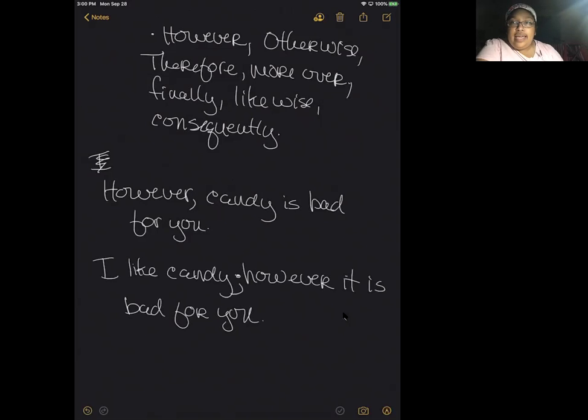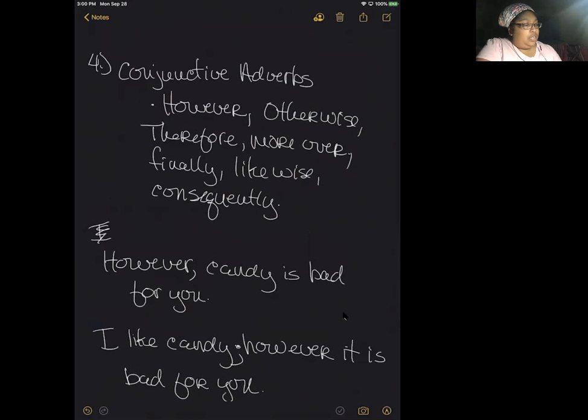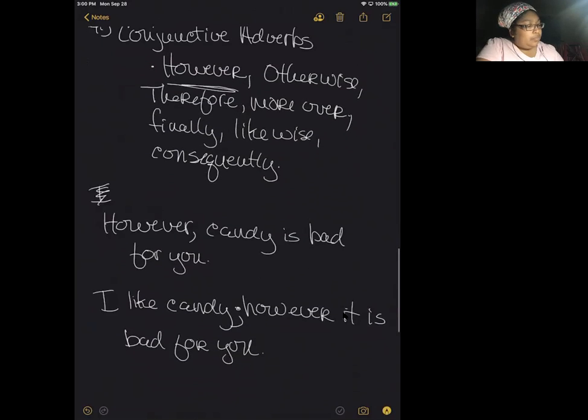And it kind of makes sense. If you look at a sentence like this, "I like candy; however, it is bad for you," however is one of those conjunctive adverbs. It makes sense because if you take just this part of the sentence, it could be its own separate sentence.